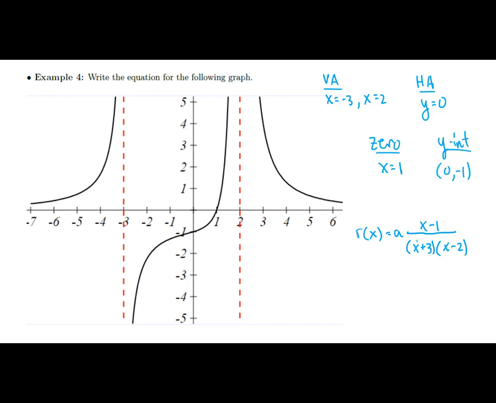But there is something that we can do to make it so that on either side of a vertical asymptote, the signs don't switch. And that would be if we stuck a square on the x minus 2. Because what that will do for us is whatever sign this had, it's going to turn positive after it's squared.